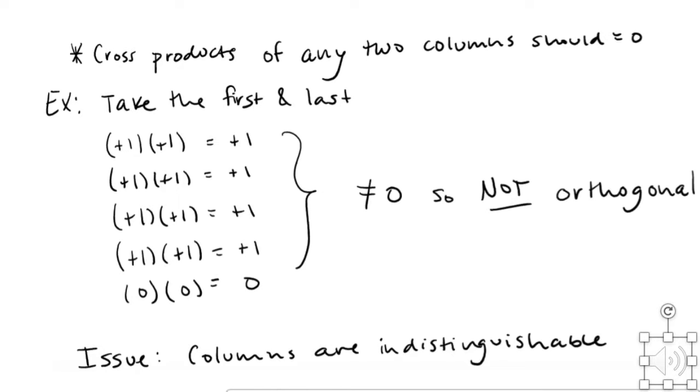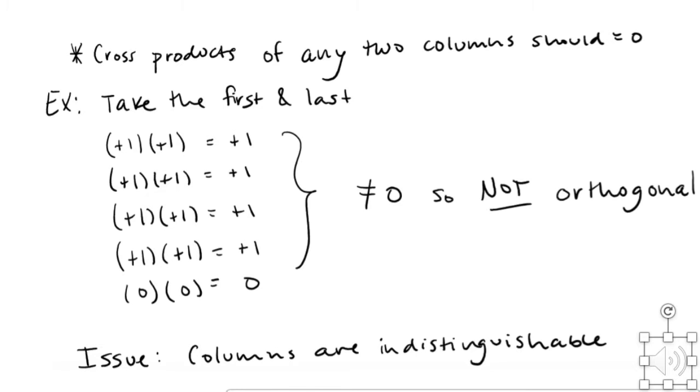As you can see from the cross products, this does not sum to 0, so we can conclude that the design is not orthogonal. And the main issue arises because the columns are indistinguishable, and so this creates confounding between the x1 squared term and the x2 squared term.